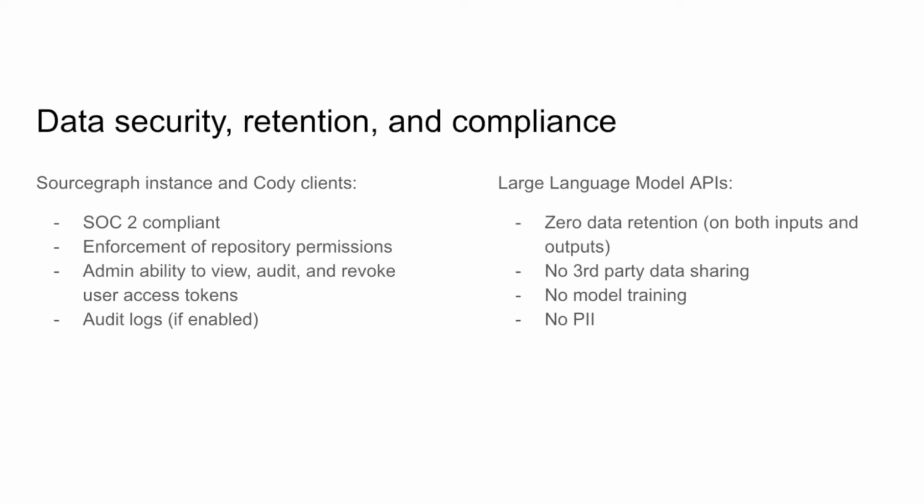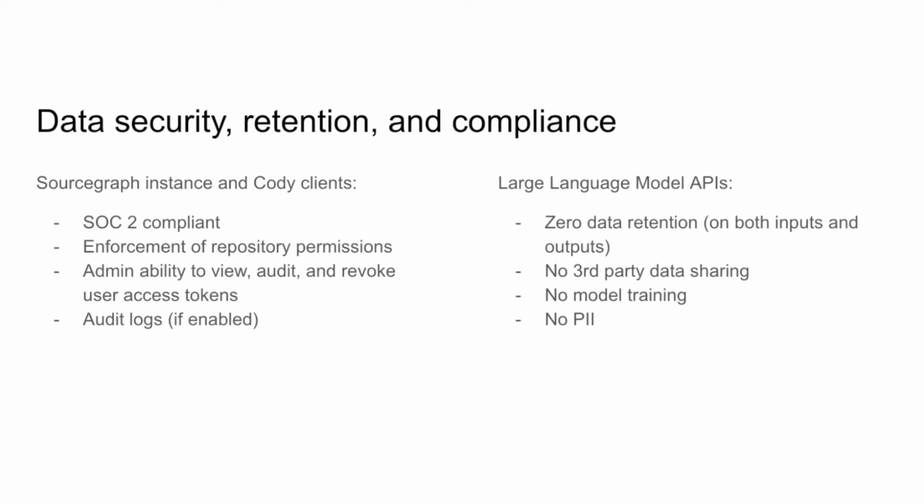On the large language model or LLM side of things, Cody uses Anthropic's Claude API as our preferred LLM. And so Cody will send requests from that Sourcegraph instance to Anthropic's API. To reduce the risk of data leakage and compliance concerns, Cody Enterprise offers the following features that we've negotiated with Anthropic.